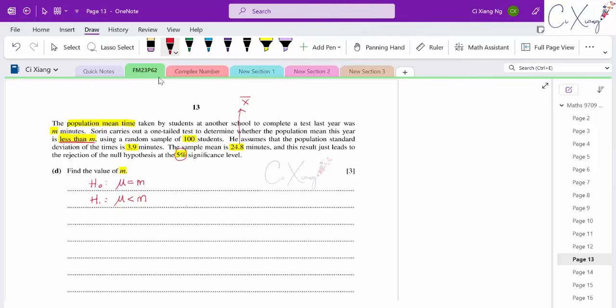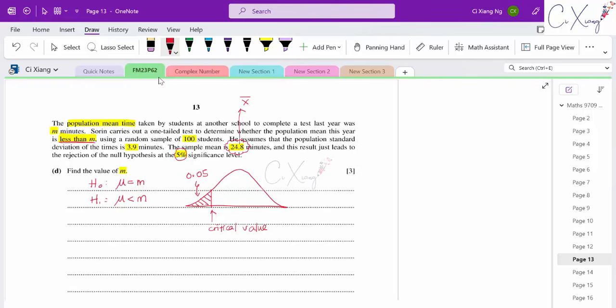So it means what? Let's say I'm having this. Again, this is a one-tail test, so I'm having the rejection region on the left-hand side. The area should be 0.05 because of the 5% significance level, and this is my critical value Z. For this question, they mentioned that if I use sample mean 24.8 to calculate the test statistic, the result will lead to rejecting the null hypothesis.